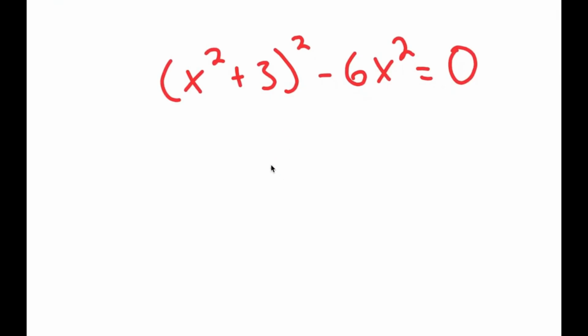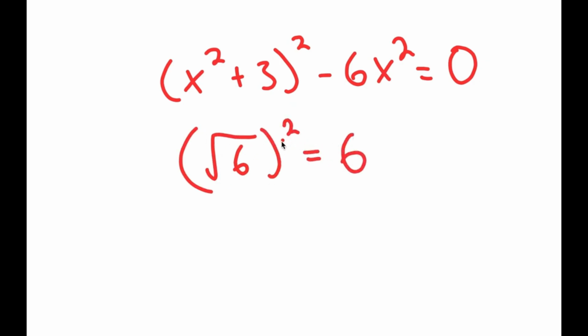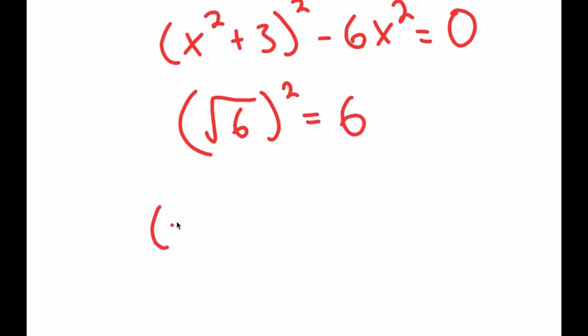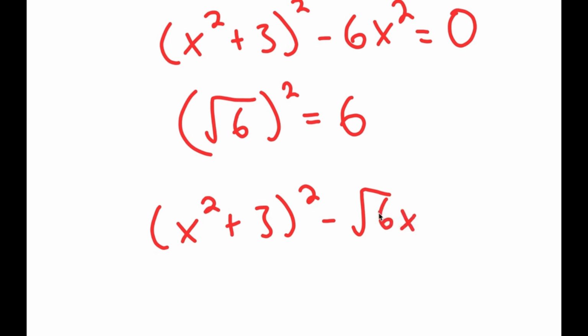And remember how the square root of 6 squared is equal to 6. So what I'm going to do is rewrite this as x squared plus 3 squared minus the square root of 6x squared is equal to 0.